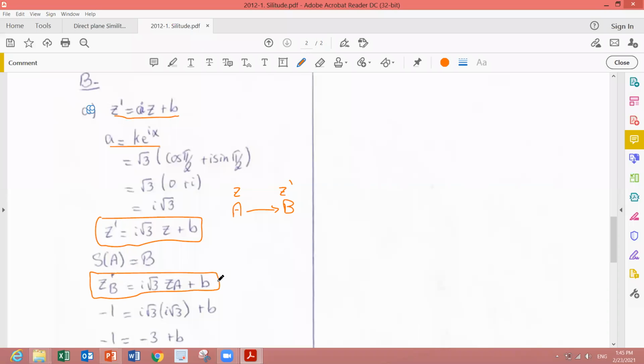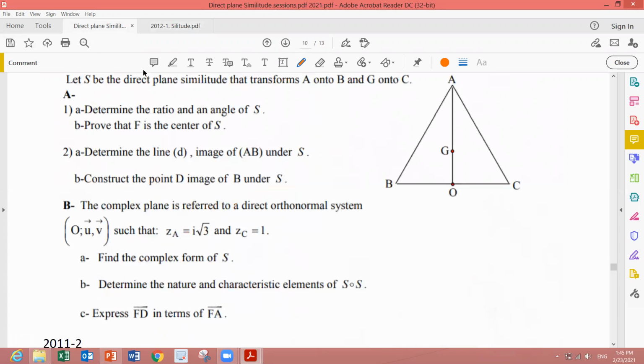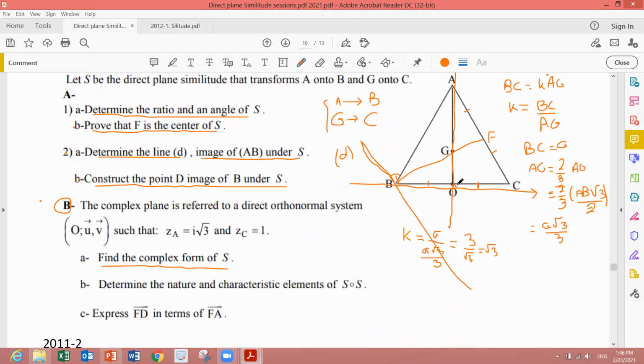Is this step understood? Now ZB, if we look at the figure, we are given ZA, and ZC is 1.